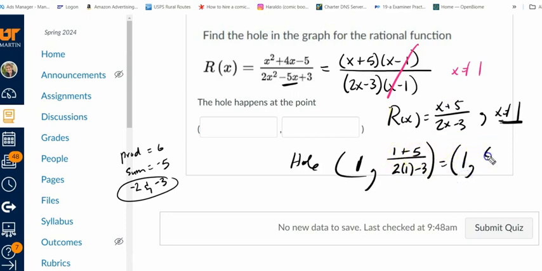One plus 5 is 6, and 2 minus 3 is negative 1. 6 divided by negative 1 is just negative 6. So we get a hole at 1 comma negative 6.